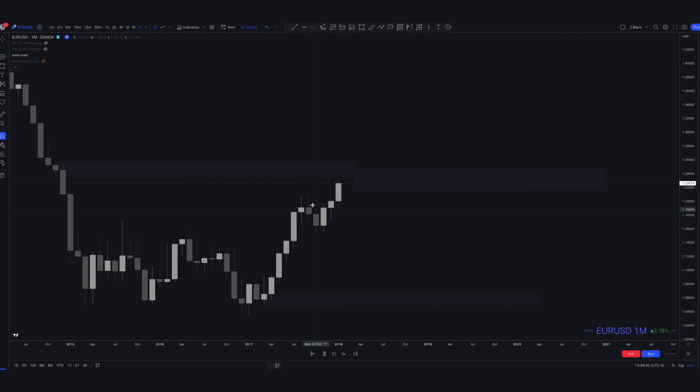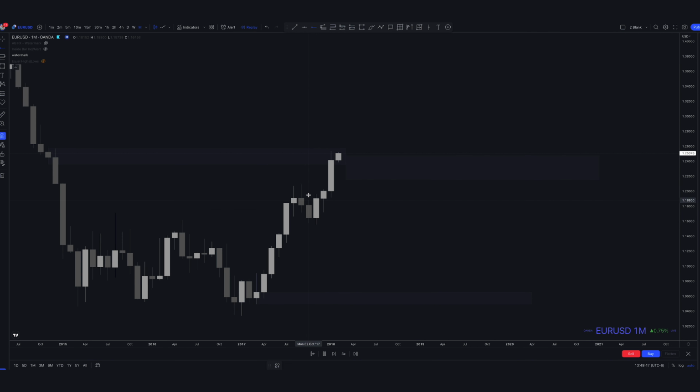Now it is, because this one didn't break above this one. Let me pause here for a second. As you can see, after this one, the next candle didn't break above this. So this is a fractal structure already.